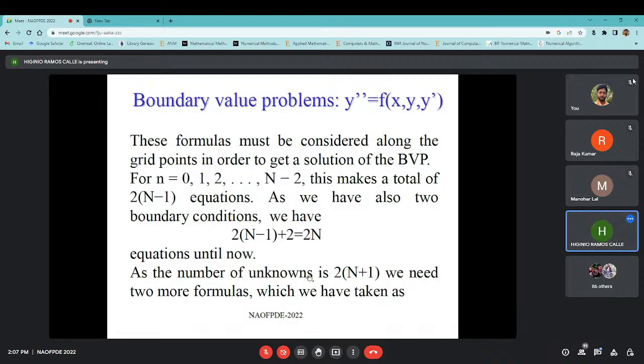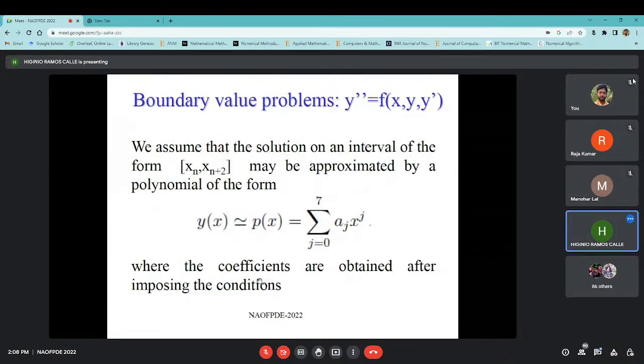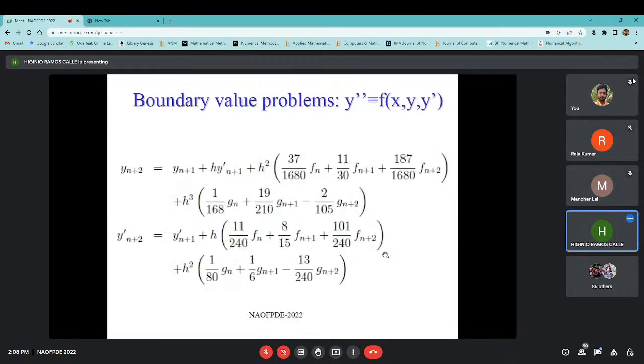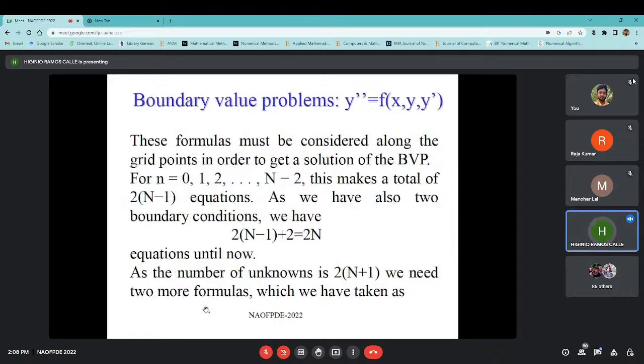There are, in this case, 2n plus 1 unknowns that correspond to the values of the solution and the derivative along all the grid points. So we need, in this case, 2 more formulas in order to complete a system with the same number of equations as the number of unknowns.